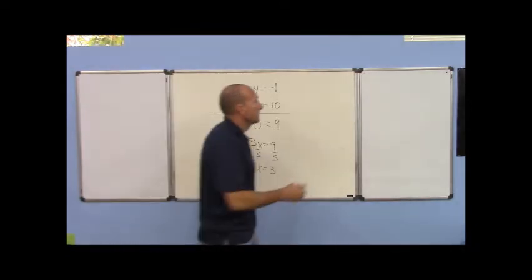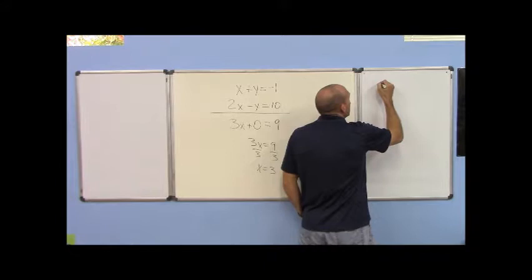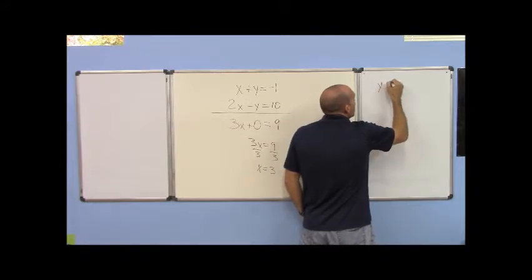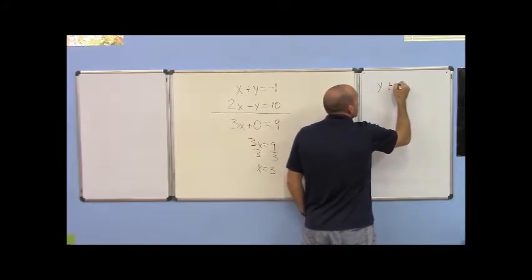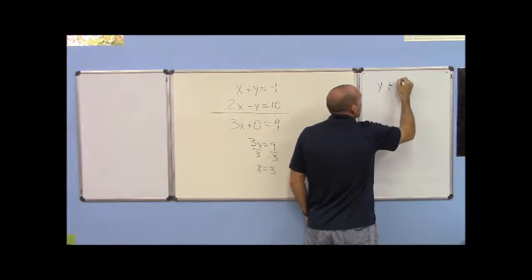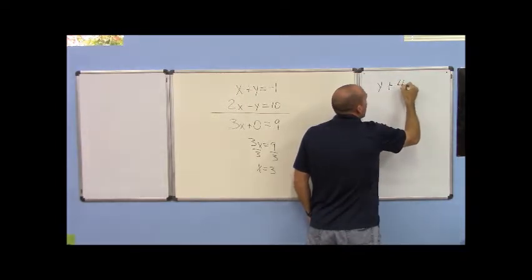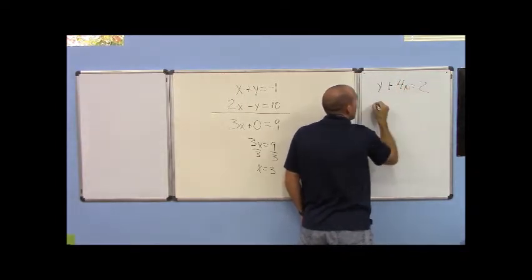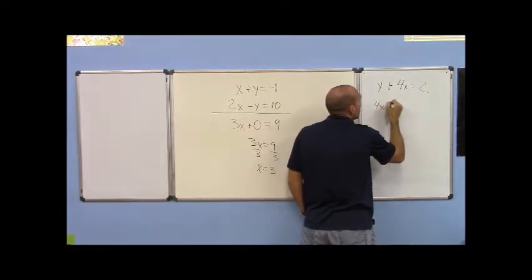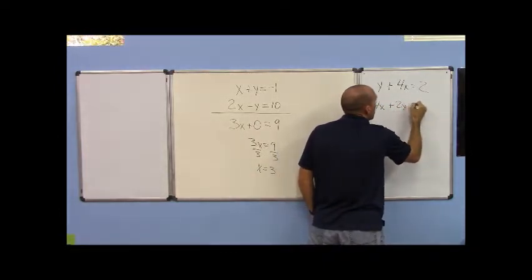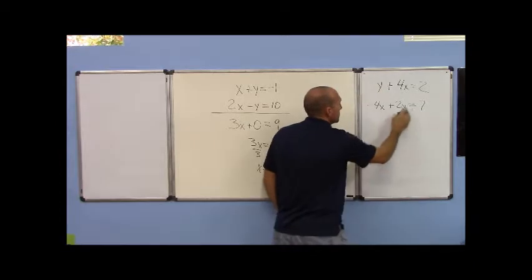So let's do this. What if you had y plus 4x equals 2, and you had minus 4x plus 2y equals 7.